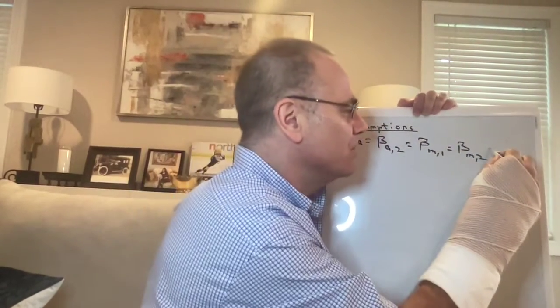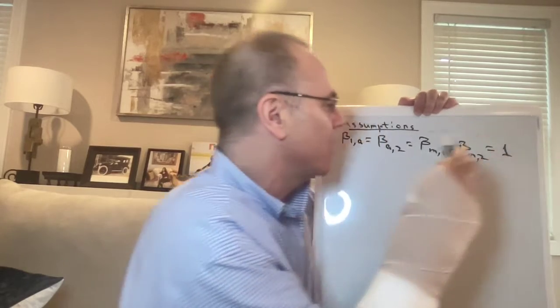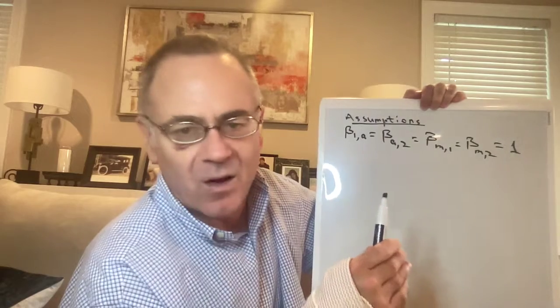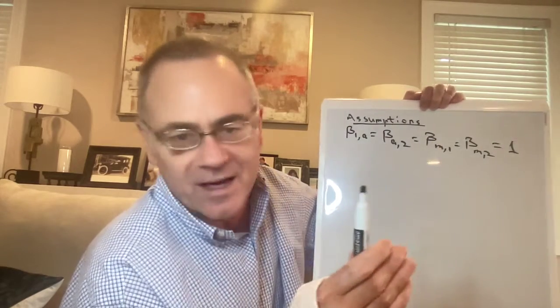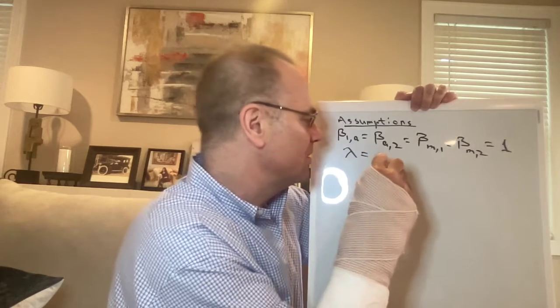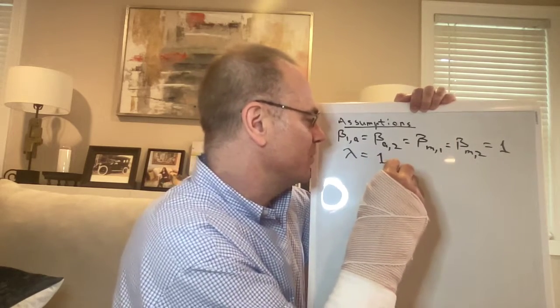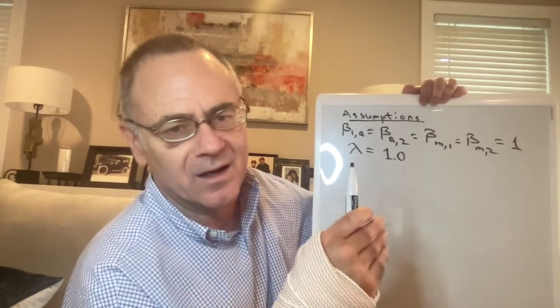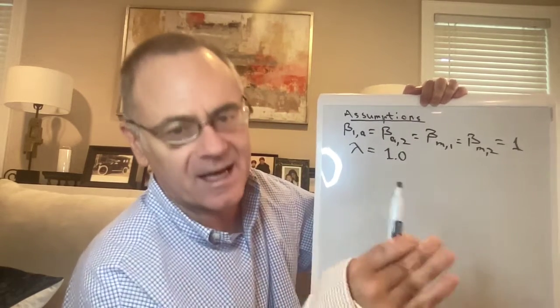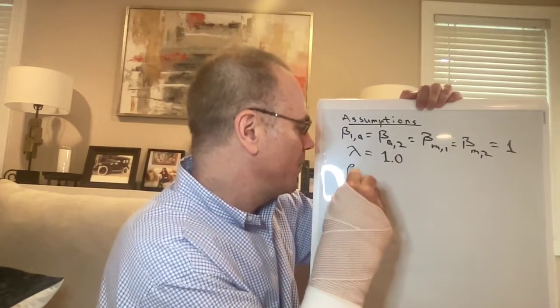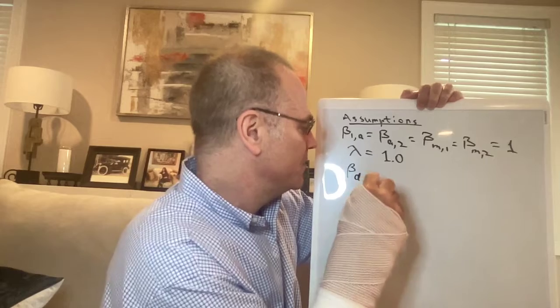Under these assumptions, he's going to make it simple. He's going to set all of them equal to 1. He could have done anything. Now, recall that he also set lambda equal to 1. That's not really an assumption; it was just a way to get around the identification problem. And then finally, beta sub d.